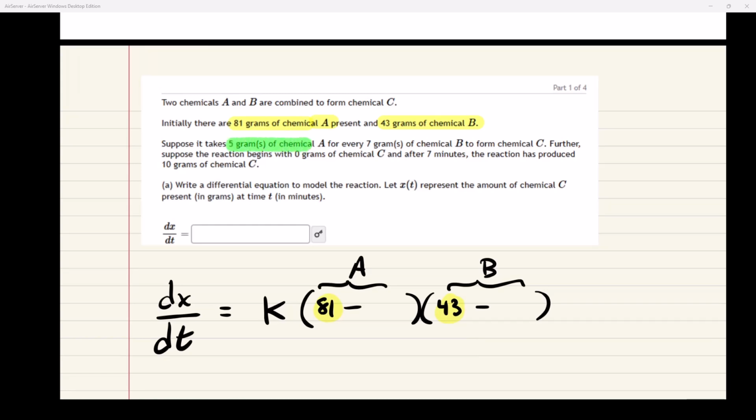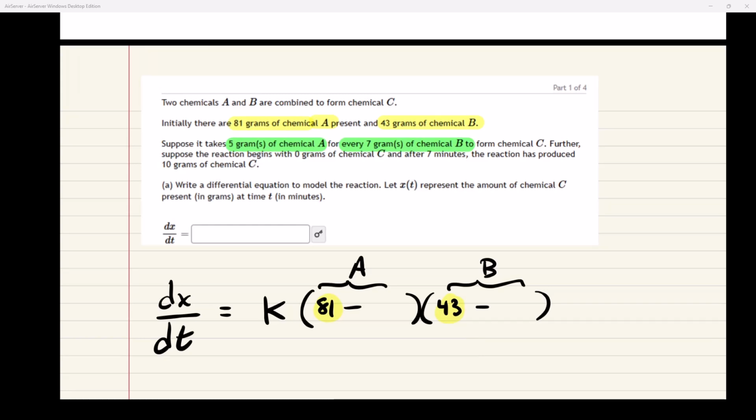It's given here: for every 5 grams of A, it takes 7 grams of B all together to form chemical C. So essentially, all of A and B are combining to make C, and so we could look at this as saying we're going to take 5 from A and 7 from B and make 12 grams of C. So we'll add together the 5 and the 7 and make 12.